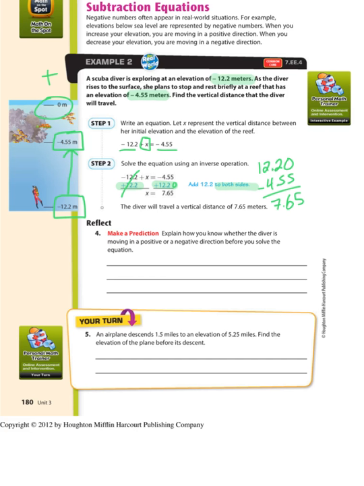An airplane descends 1.5 miles to an elevation of 5.25 miles. Find the elevation of the plane before its descent. Okay, so here's our plane. It's gonna descend 1.5 miles to be at 5.25 miles. I want to know where it started. So we're going to say x minus 1.5, it descends, so that's a minus or a negative, equals 5.25.